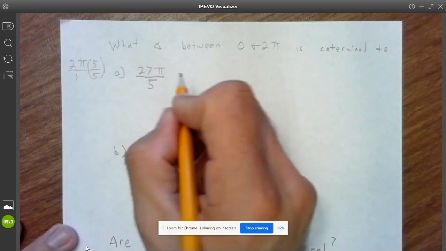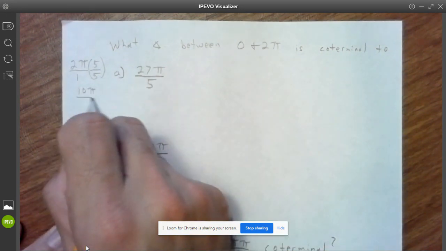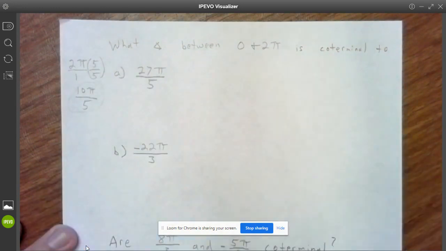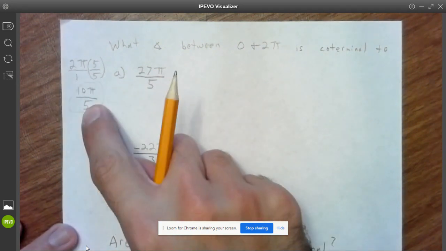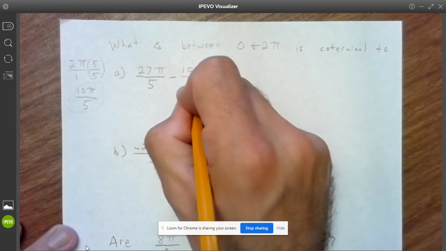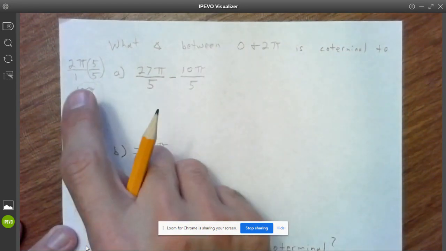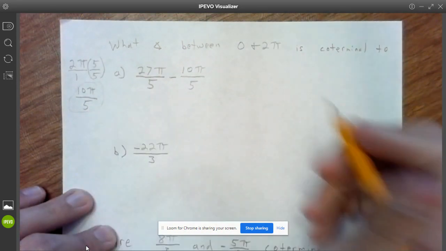So 2 pi times 5 is going to be 10 pi, and then over 5. So this is the same as 2 pi. So we're going to be subtracting 2 pi until this value is between 0 and 10 pi over 5, which is 2 pi.